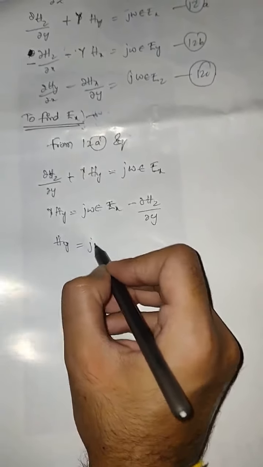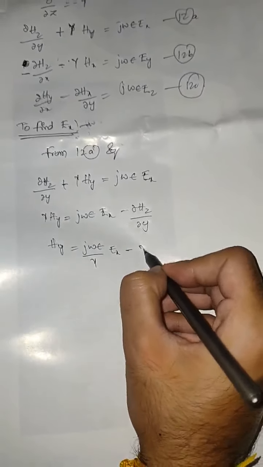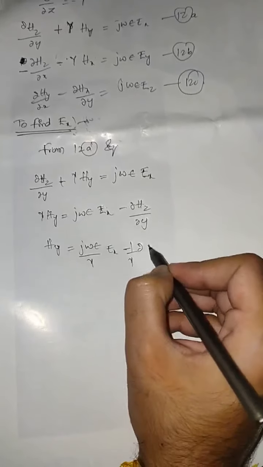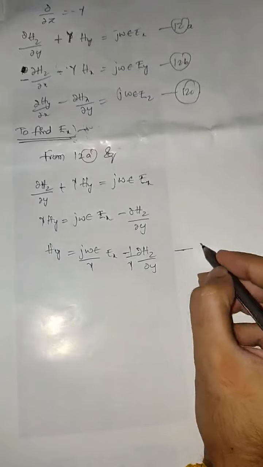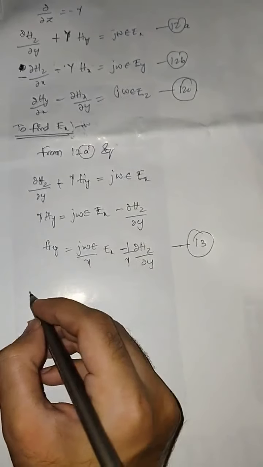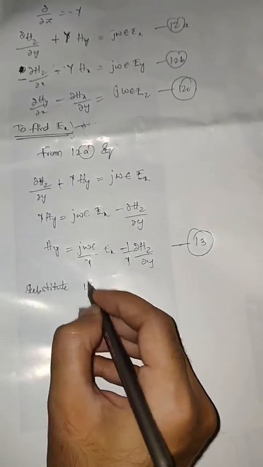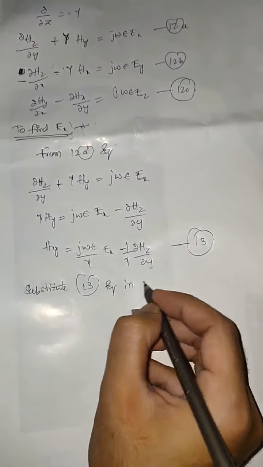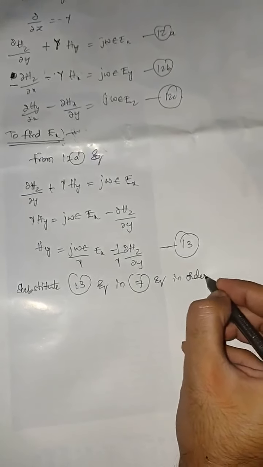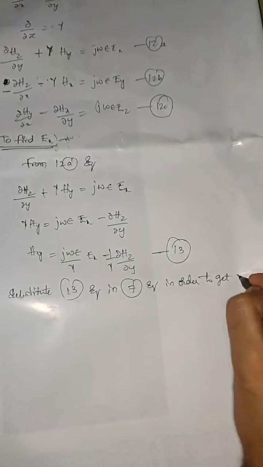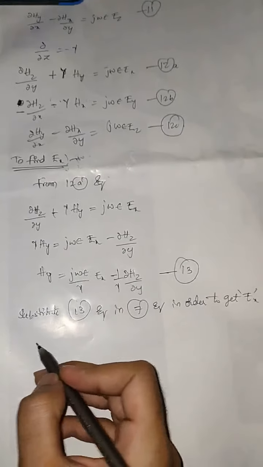Now Hy is equal to jωε/gamma Ex minus 1/gamma ∂Hz/∂y. So this is another equation, which can be represented as 13. Substitute the 13 equation in the 7th equation in order to get the Ex value. So I want Ex and Ey.